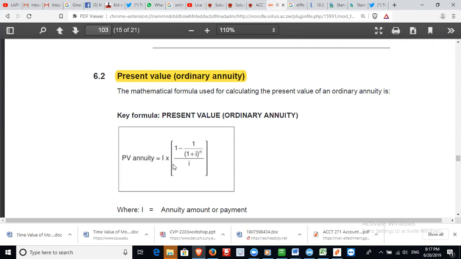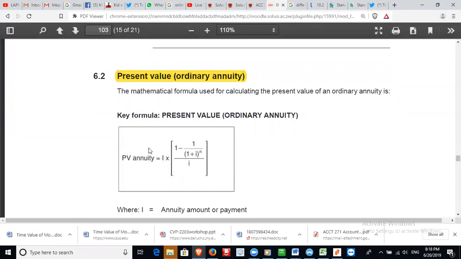If you still remember the future value ordinary annuity formula, it was (1 plus I) to the power n minus 1, over I.